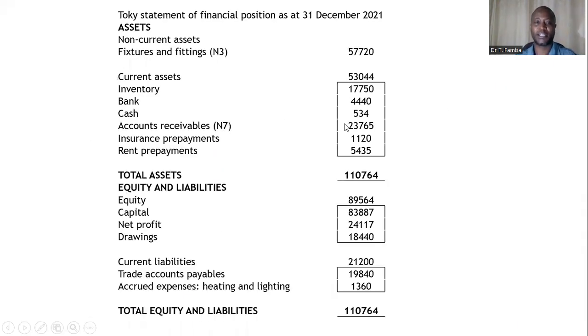So the last leg is the statement of financial position. So I want you to clearly look at this statement of financial position, which I said earlier on. You are going to say, we are using the equation assets equals to capital plus liabilities.